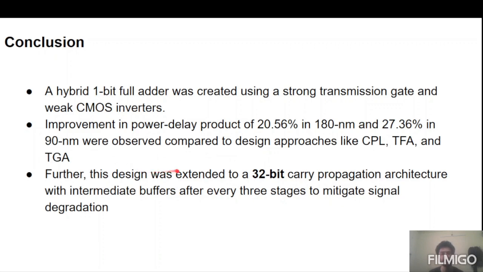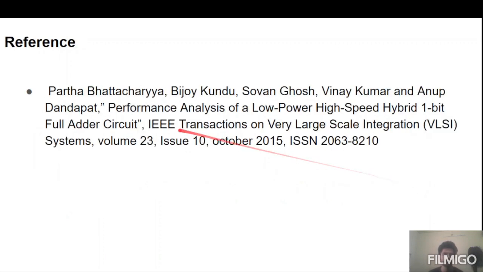Further, this design was extended to a 32-bit carry propagation architecture, and buffers were placed after every three stages to mitigate signal degradation and to reduce the delay.